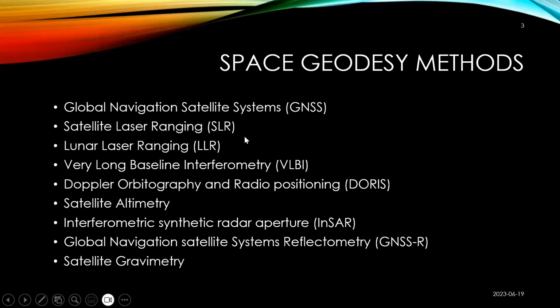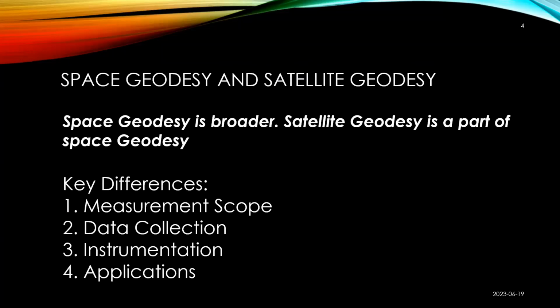Satellite laser ranging, lunar laser ranging, very long baseline interferometry, Doppler orbitography and radio positioning, or DORIS, satellite altimetry, interferometric synthetic aperture radar, GNSS reflectometry, and at the end, satellite gravimetry. I will try to explain these things shortly during this lecture.